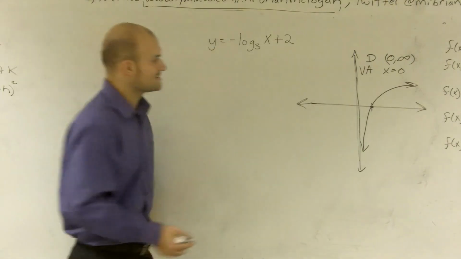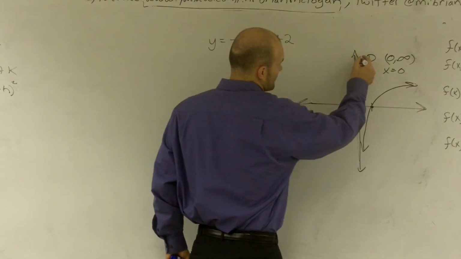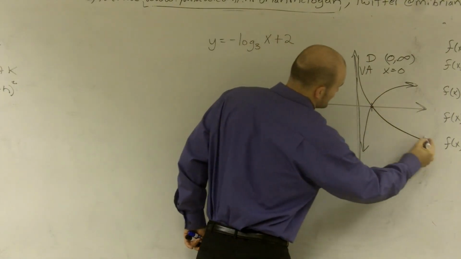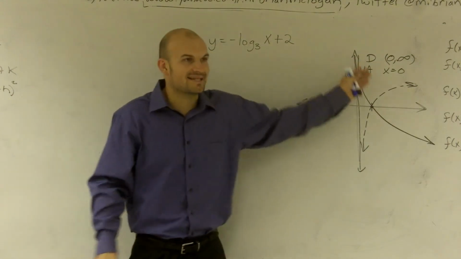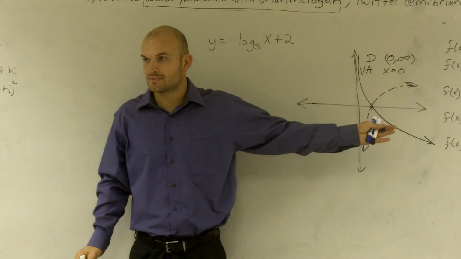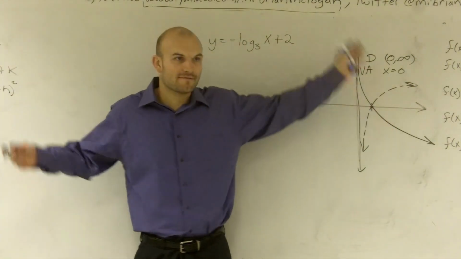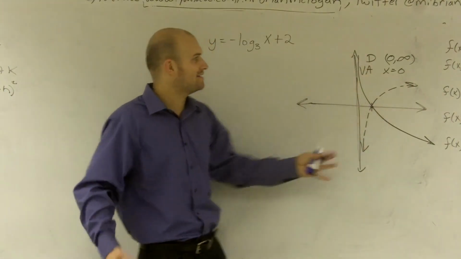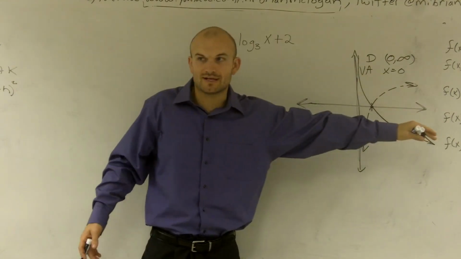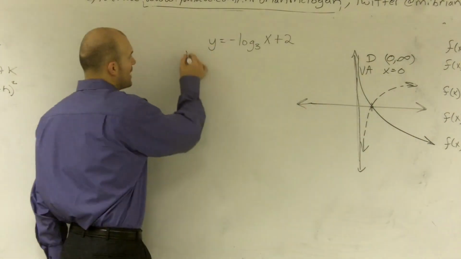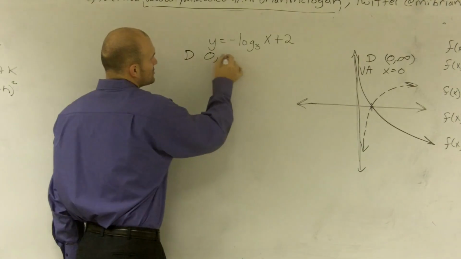So since I'm reflecting about the x-axis, my graph is going to look like this. Again, does that affect my domain at all? No, the graph still is going to approach your asymptote, and it's going to be going to infinity. So my domain for this problem is still going to be 0 to infinity.